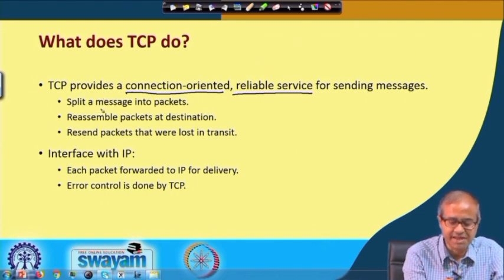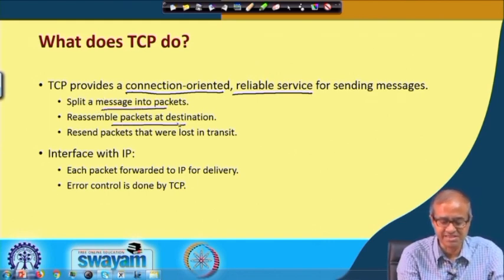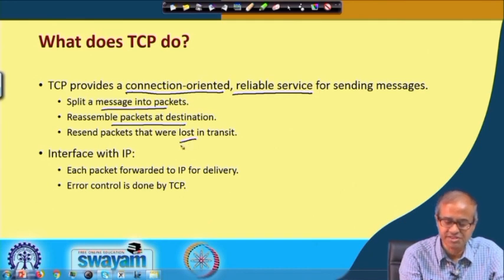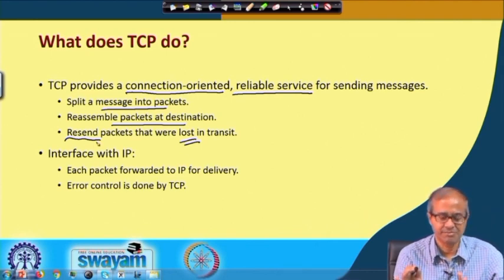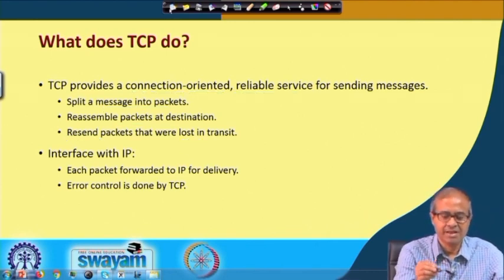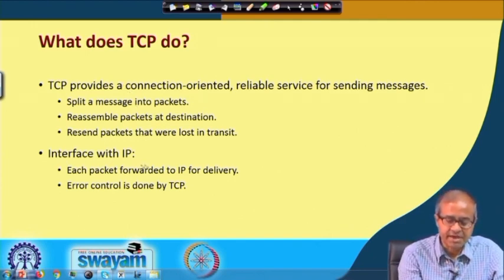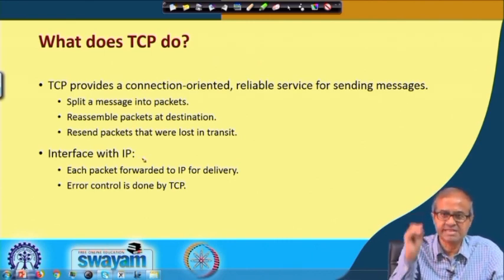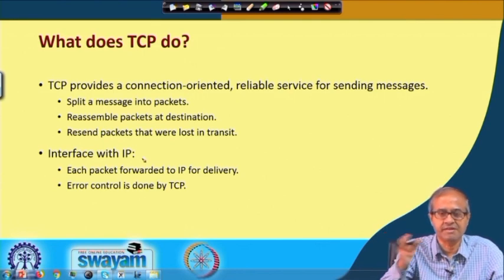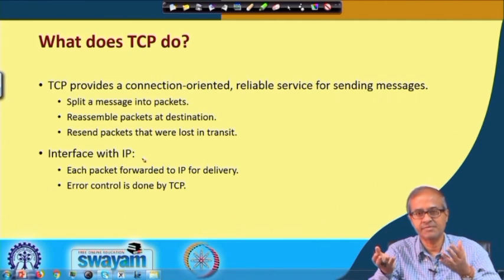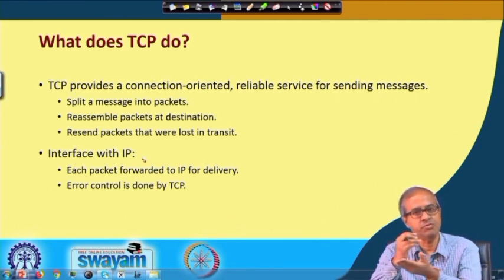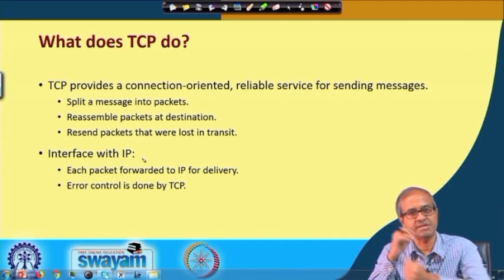TCP will split a message into packets, reassemble the packets at the destination, and if some packets were lost, it will resend them. All these services are done by TCP. For actual data transmission, it interfaces with IP in the way that each packet is sent to IP for delivery, and IP uses its own rules and its own routing tables to transmit and receive the packets.